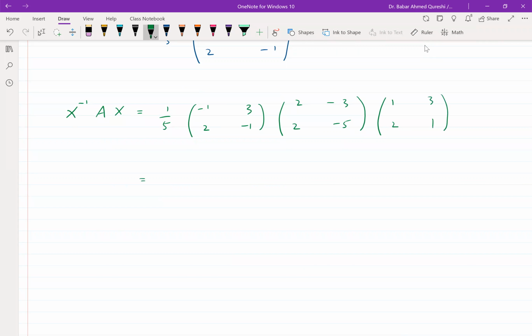This should give me a diagonal matrix. So I get 2 plus 2, 4, 6 minus 3, 3, 2 plus 2, 4, 6 minus 5, 1.